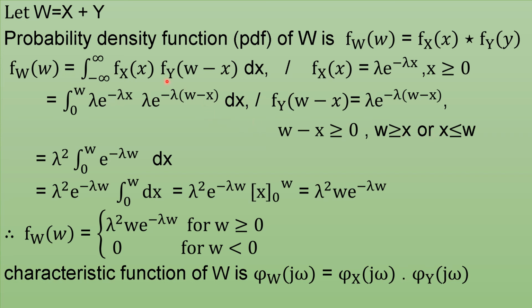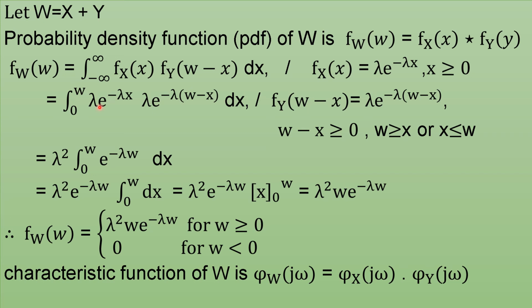So the second factor fy of w minus x is lambda into e power minus lambda into w minus x, provided x is less than or equal to w. So x should be greater than or equal to 0 and less than or equal to w. So this integral with respect to x should be from 0 to w.